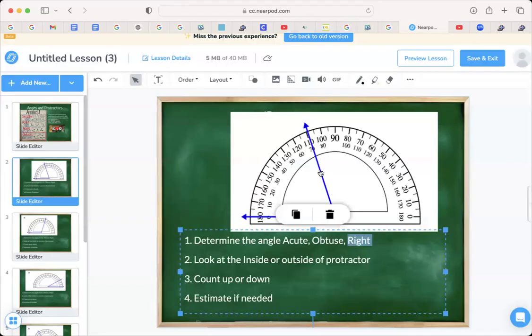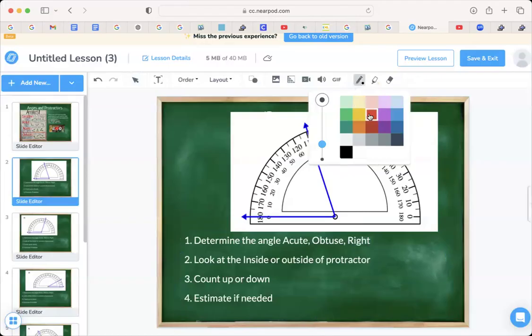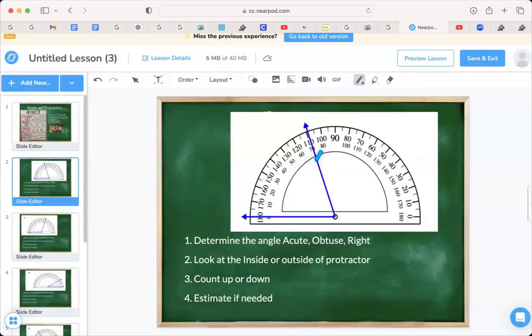So this can't be a right angle. I know that this is not obtuse because obtuse is wide. It's big in between. So if this was an obtuse angle, the space in between here will be really big. The space in between here is kind of small, right?